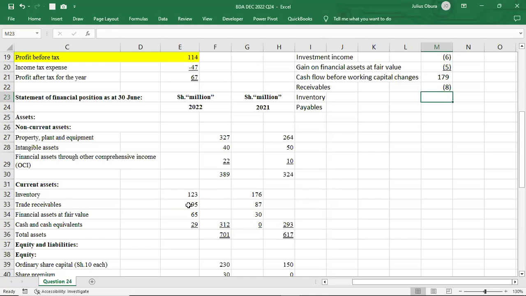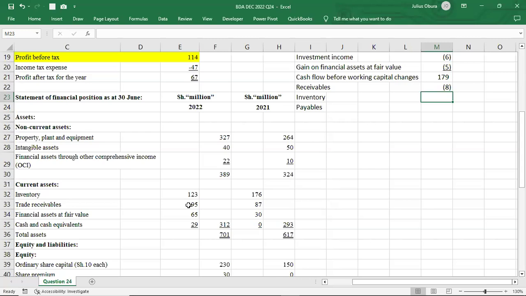And by the way, if you don't want to confuse yourself with minus and plus, whether you subtract or add, simply do opening minus closing. Take the opening value minus the closing value, then everything will be okay. Otherwise, you will confuse yourselves.